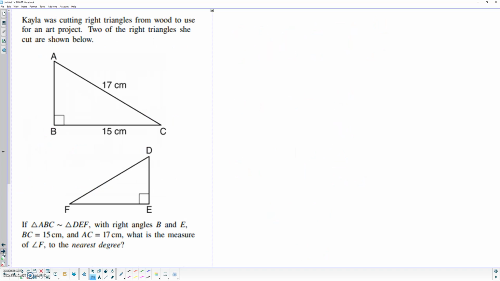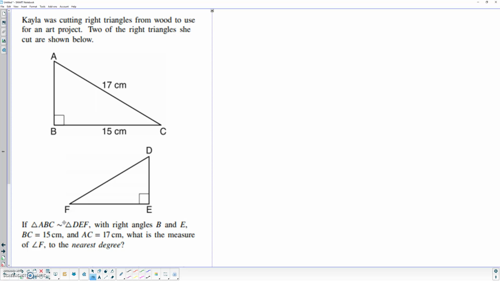Last example says Kayla was cutting right triangles from wood to use for an art project. Two of the right triangles she cut are shown below. If triangle ABC is similar to triangle DEF with right angles B and E, what is the measure of angle F to the nearest degree?